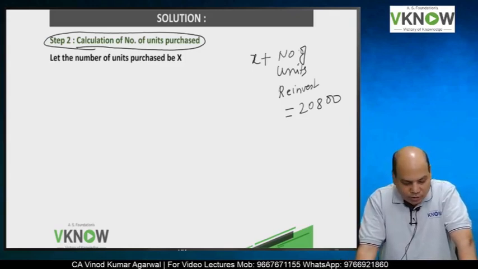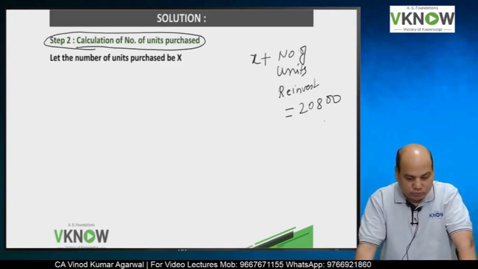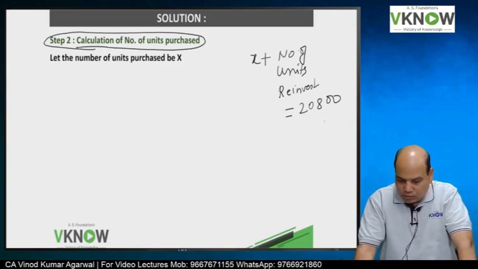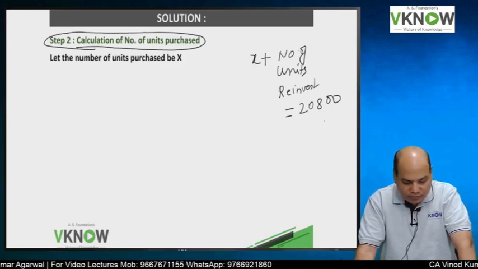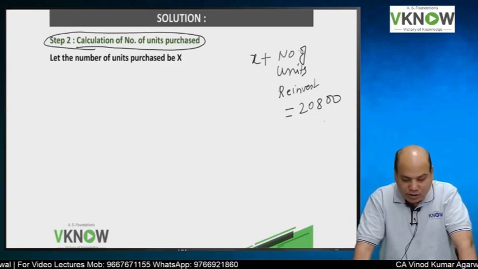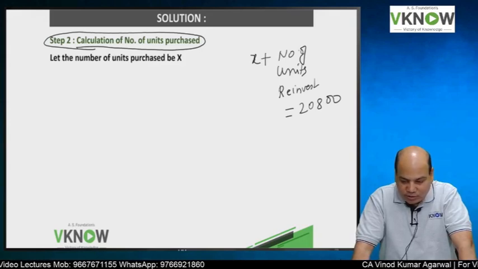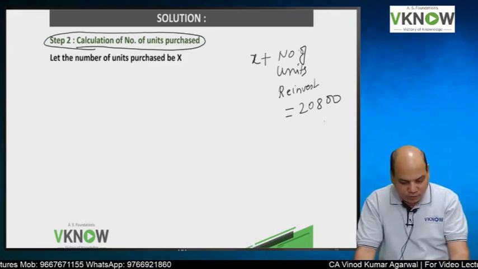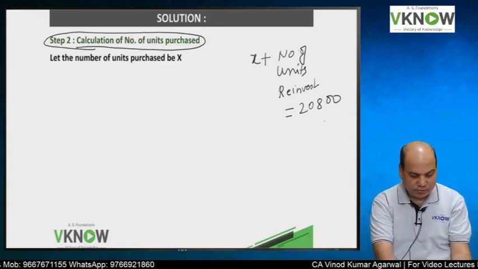Please check whether you can get it right or not. What is the number of units purchased at the beginning? Let the number of units purchased be X.